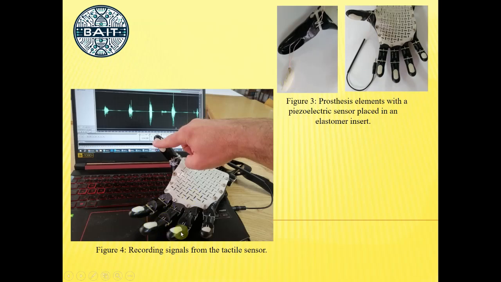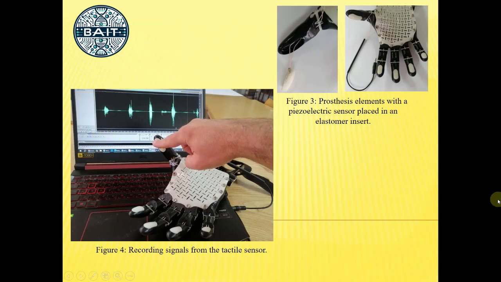As sensors, small-sized disc low-frequency piezoelectric transducers from sound emitters were used. One of those transducers was placed in the elastomeric thumb insert. To record signals from such a sensor, the ADC of the laptop sound card and the corresponding microphone input were used. The Adobe Audition program was used for the actual recording.